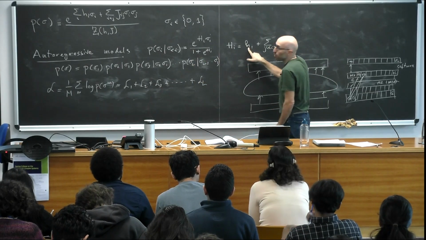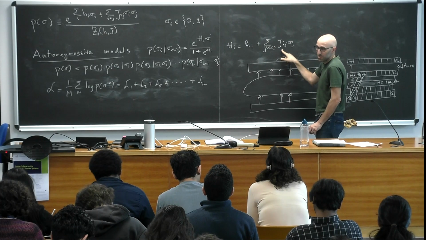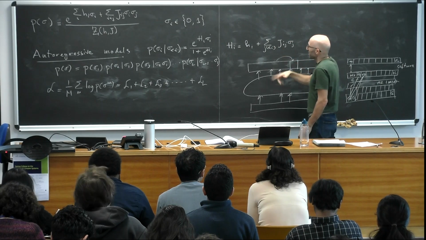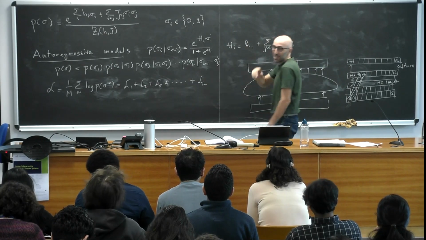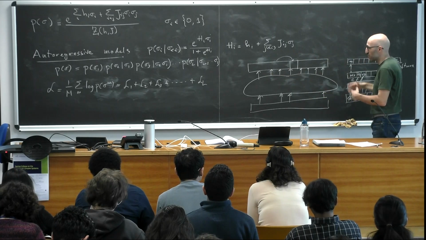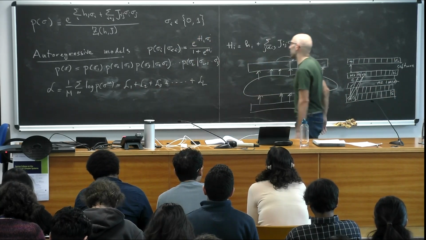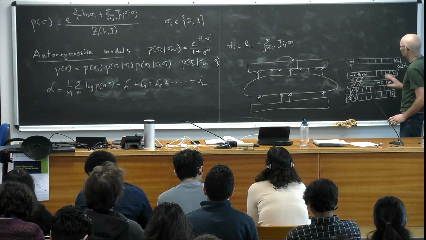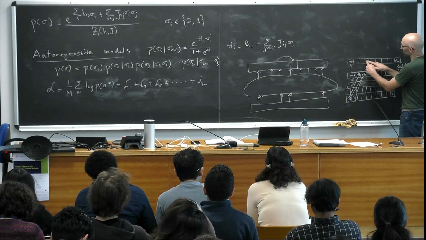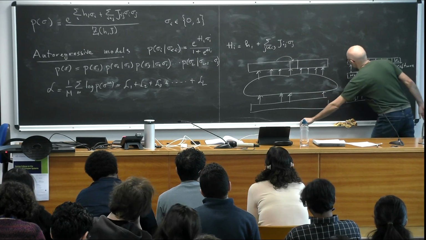L2 depends on small h2 and J21. L3 will depend on h3 and J31 and J32 and so on. So each term can be maximized separately. So basically you are learning separately a model that gives you the probability of a spin conditioned to what is before.